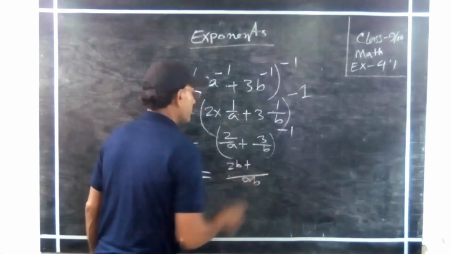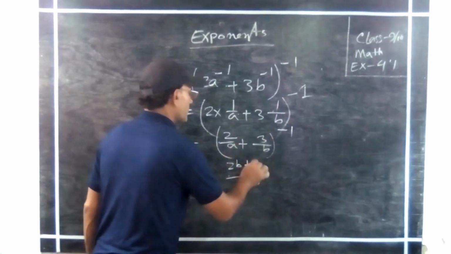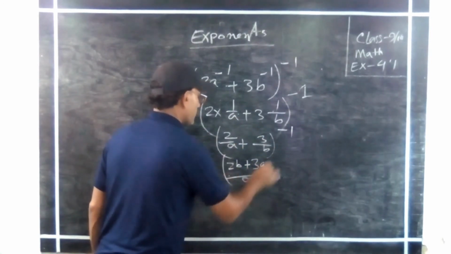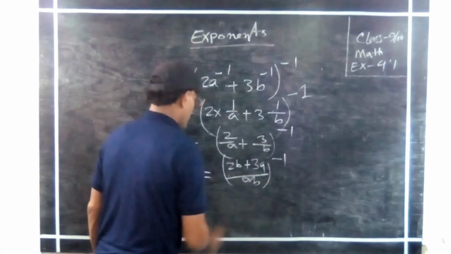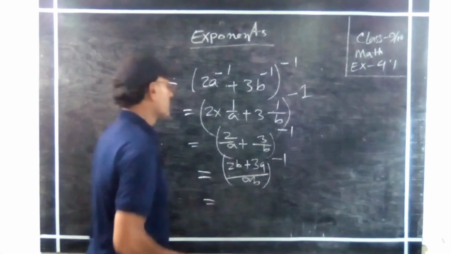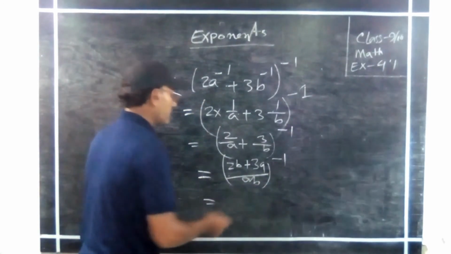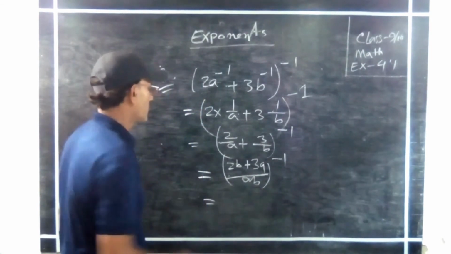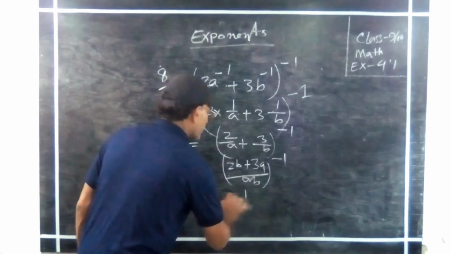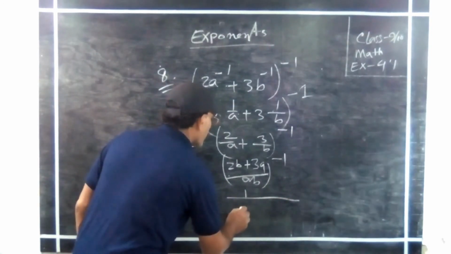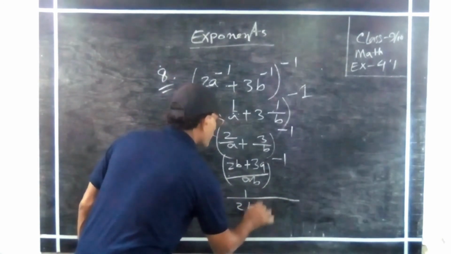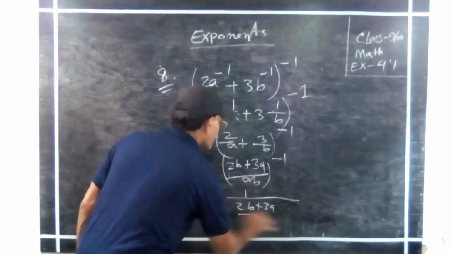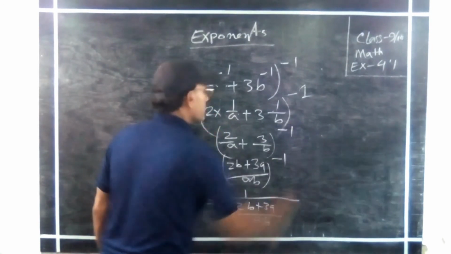The same case 3a, to the power minus 1. So we can write the next level 2b plus 3a divided by ab.